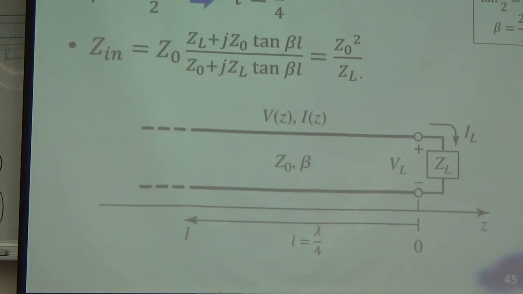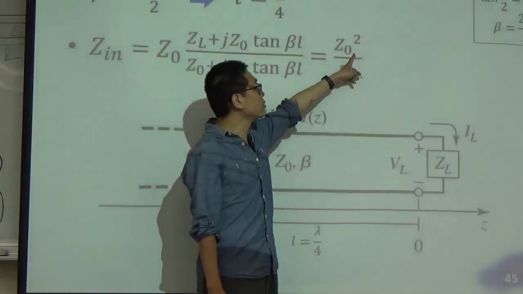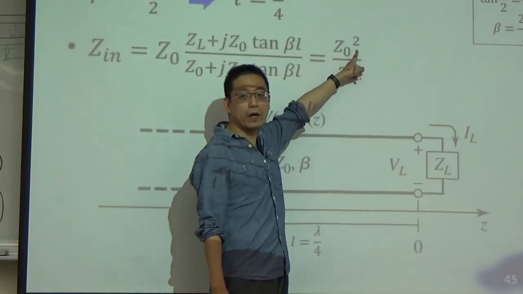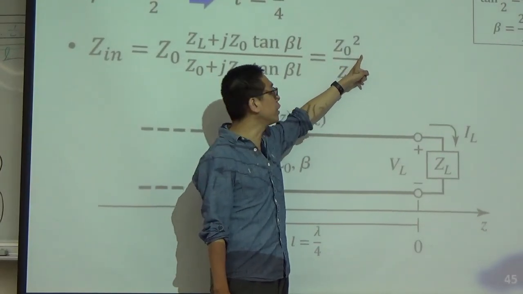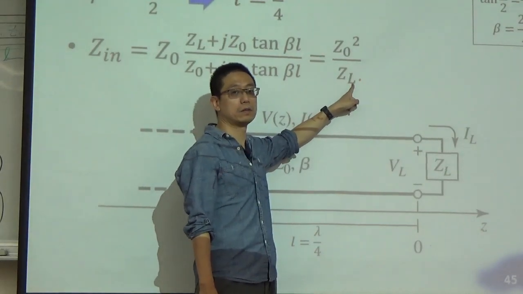So if this is infinite, this is infinite. Compared to this term, you don't see this term. You cancel j, and you cancel tangent beta out. You obtain your input impedance as the square of your characteristic impedance over your load impedance.